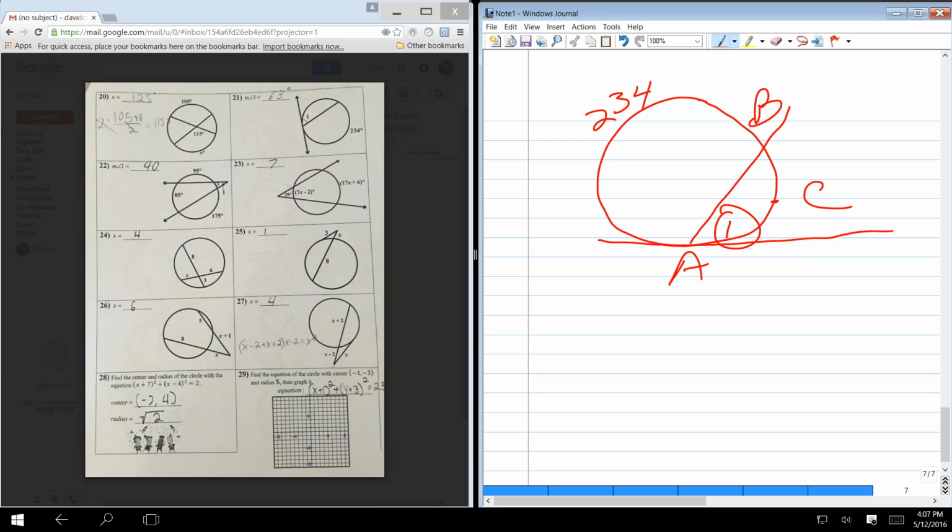Is that 1? Well, that's angle 1. That's what we're trying to solve for. But in order to solve for this angle, we've got to solve for this arc. That's 360 minus 234, which is 126. Okay, now we have the measurement of arc BCA. Now, what is this angle 1 right there?